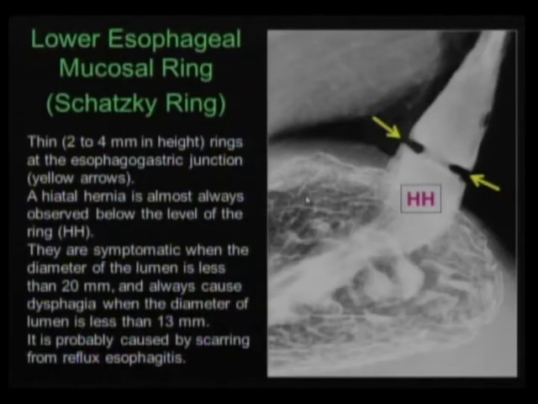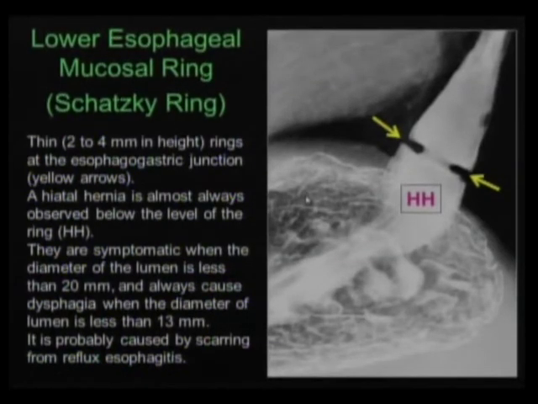Okay, the other web, or similar to a web, that we can see is located in the esophagogastric junction, okay? That is called the Schatzky ring. Once again, it's a circumferential, very thin ring, okay? And in most of the cases we can see it because there is a concomitant hiatal hernia, okay?